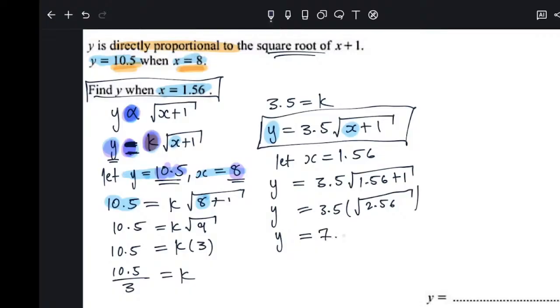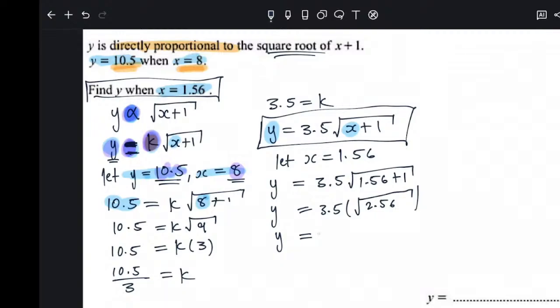Okay, you got 7.8 as your y. Let me see if that's the answer. This is number what? Y is proportional to the square root of x. What's the answer? Let me punch it. 3.5 roots 2.56.